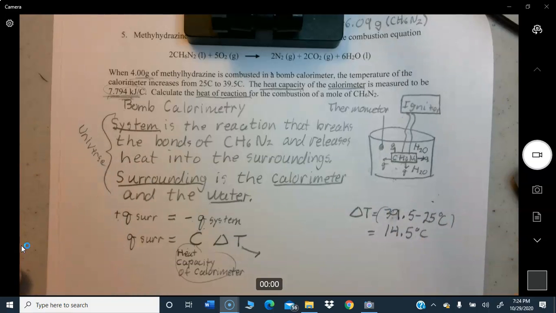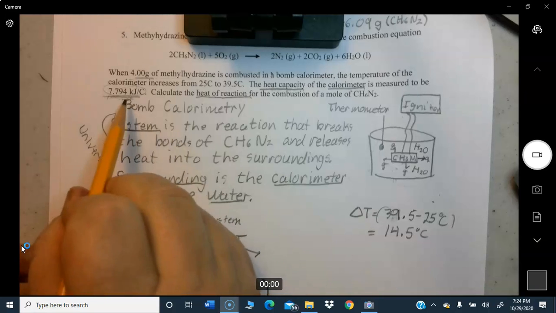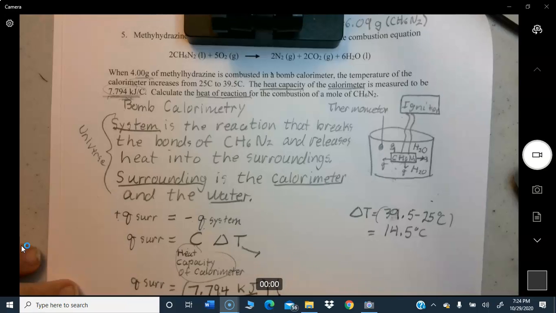Okay, and that's 14.5 degrees, whether it's Kelvin or centigrade, it doesn't matter. So let's go ahead and plug in the numbers. Again, this number is that, and this number is that, the change in temperature.